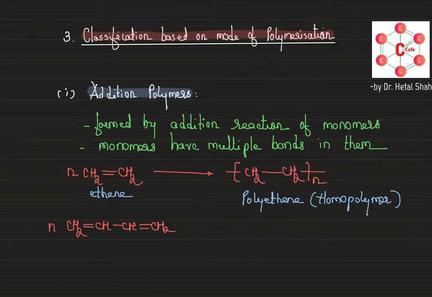This is n molecules of butadiene treated with n molecules of C6H5CH=CH2. So this is called butadiene, and this is vinyl benzene or styrene.